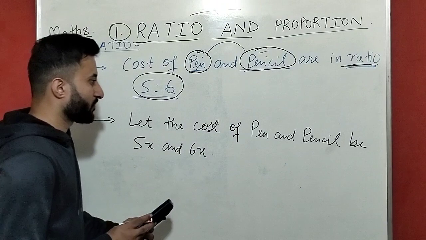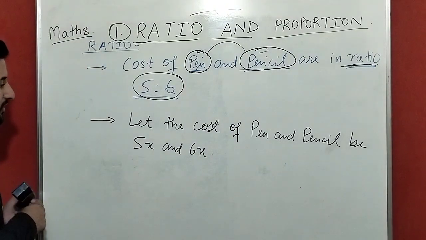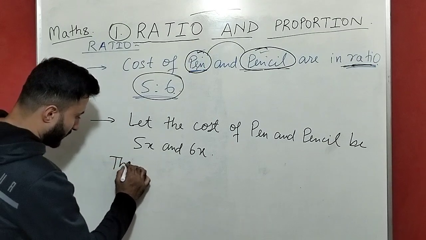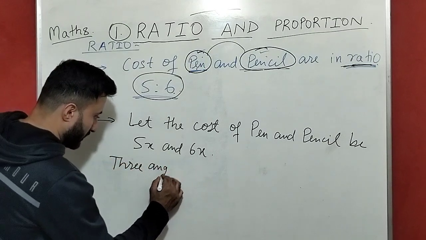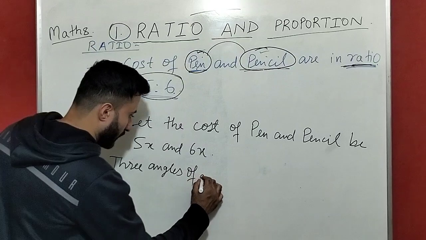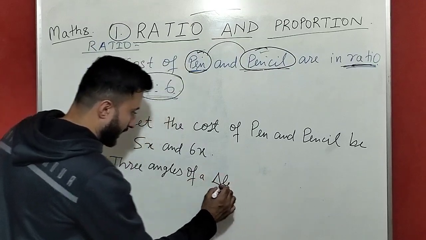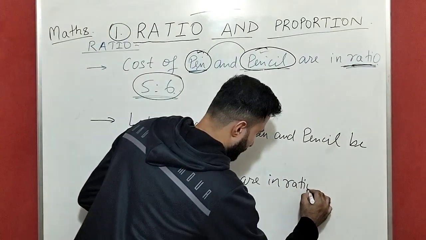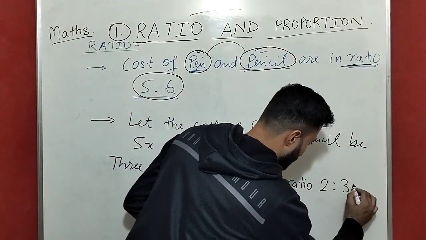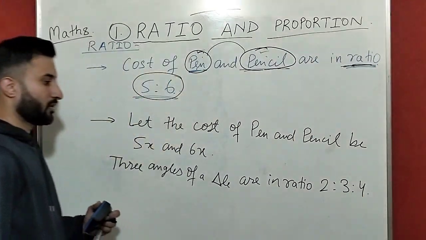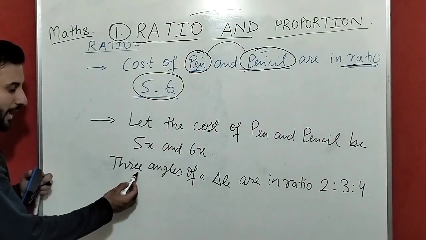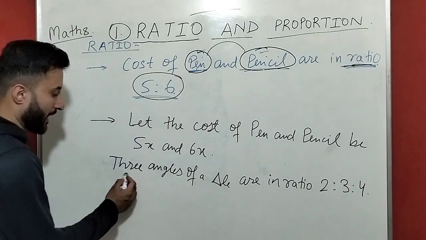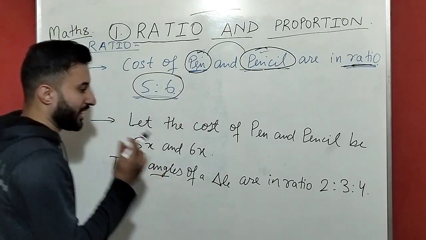Suppose, for example, they say the three angles of a triangle are in the ratio 2:3:4. What are these, guys? Three angles.